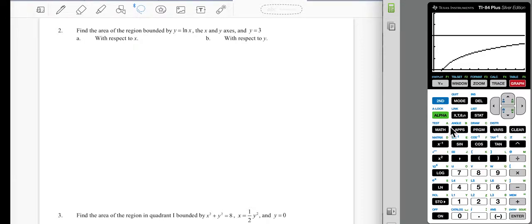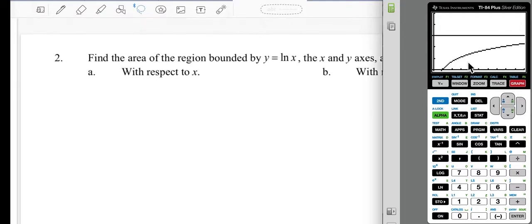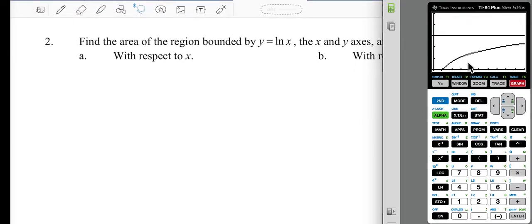All right, so if I'm doing this with respect to x, the first thing I notice is I have a little rectangular region here. So I'm going to take care of that with good old geometry. I'll draw a quick sketch though.